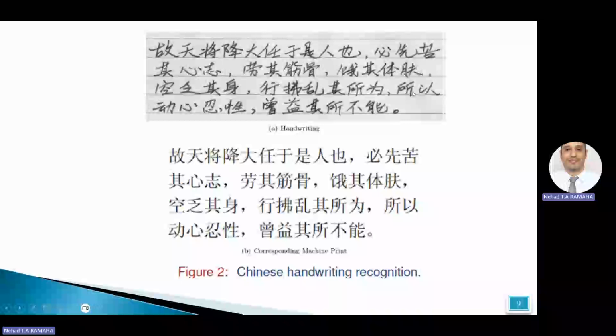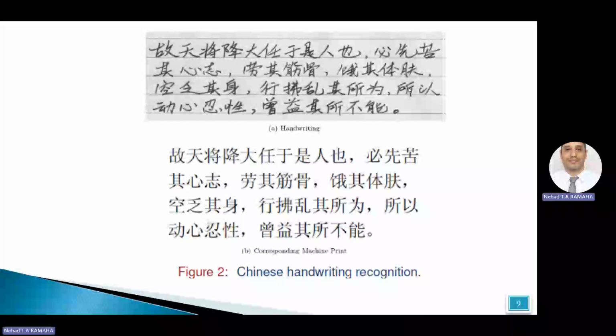Another example is Chinese handwriting, also fingerprinting, the eyes, and so on.